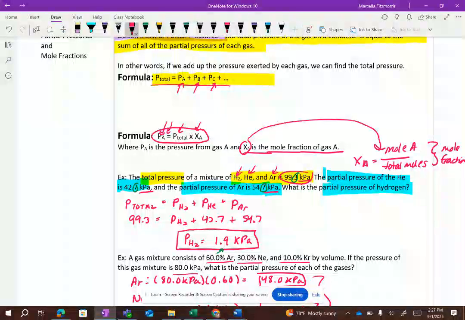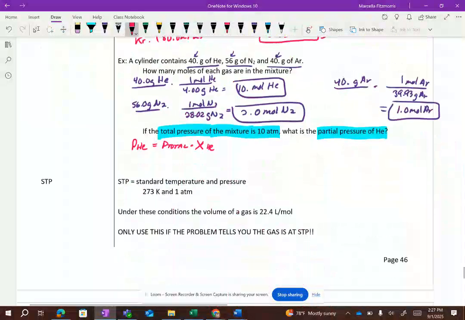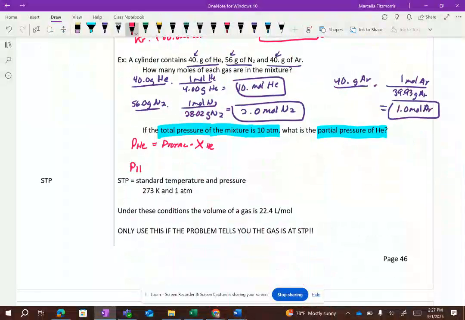Remember, that's going to make that last zero significant. Okay, so 10 dot moles of helium over the total moles. Well, there was 10 plus 2, 12, plus another one, 13 moles in the whole entire mixture. So the partial pressure of helium ends up being 7.7 atm.